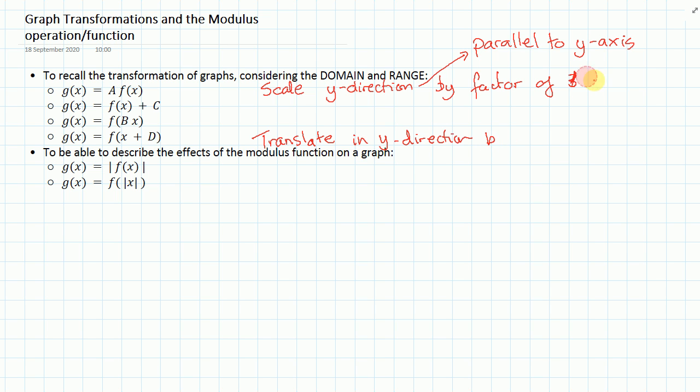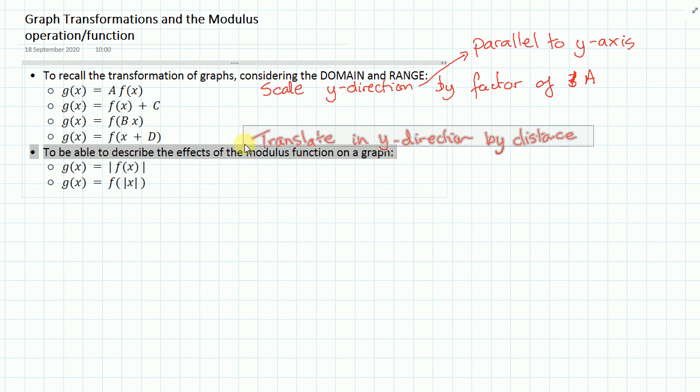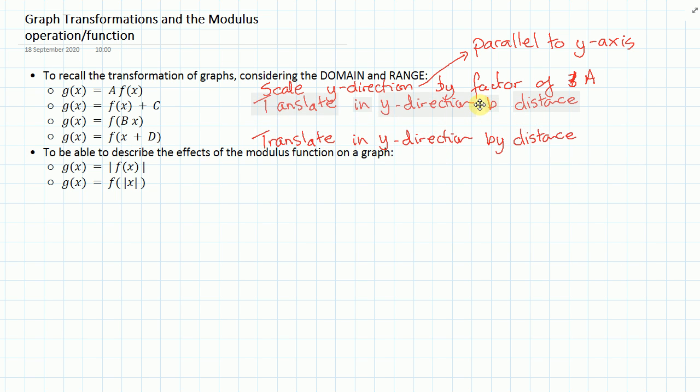So that shouldn't be 3, that should be A, by a distance of, sorry, I've got C and D the wrong way around on my notes, so let's just move them. Miss the R and the Y out.